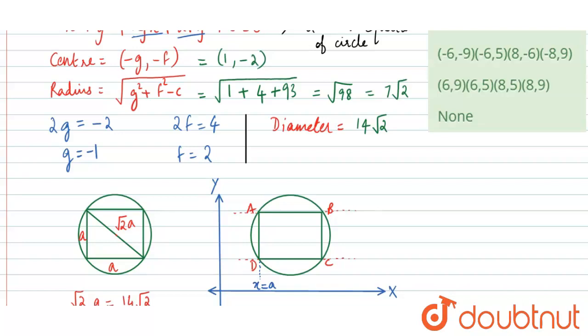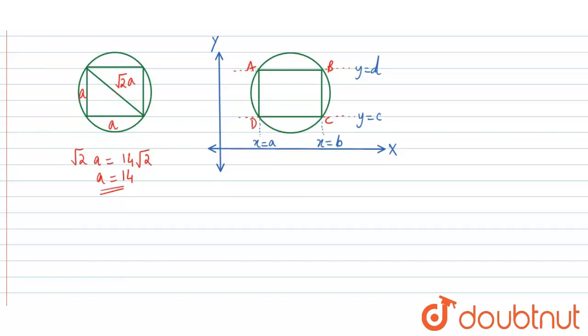Let us assume that this line is of this equation, and side BC, let's say that the equation is x is equal to b, and side AB and DC will have y is equal to constant. So let DC be of the equation y is equal to c, and side AB be y is equal to d.